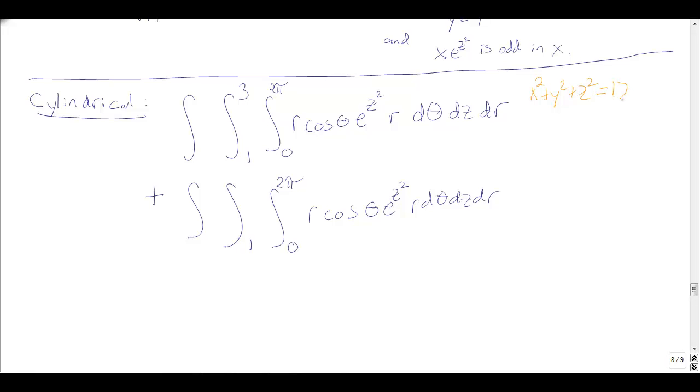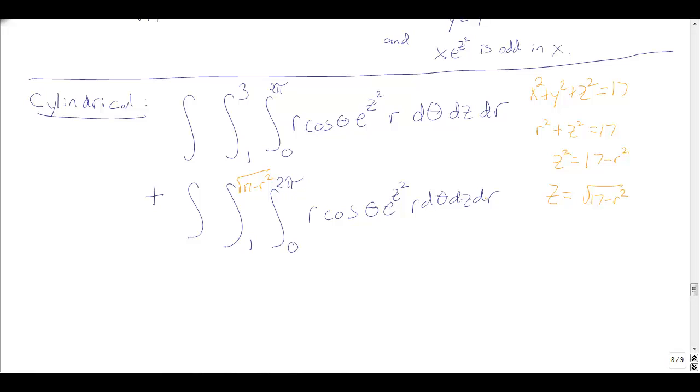Less than or equal to 17 would be the ball. X squared plus y squared is r squared in cylindrical, and so z squared is 17 minus r squared. So z would be plus or minus the square root of 17 minus r squared, but we know z is from 1 to 3, so z is the positive square root. So this upper bound is the square root of 17 minus r squared.